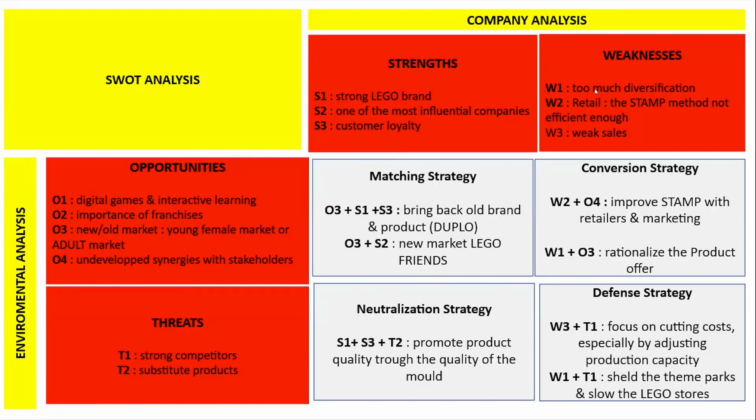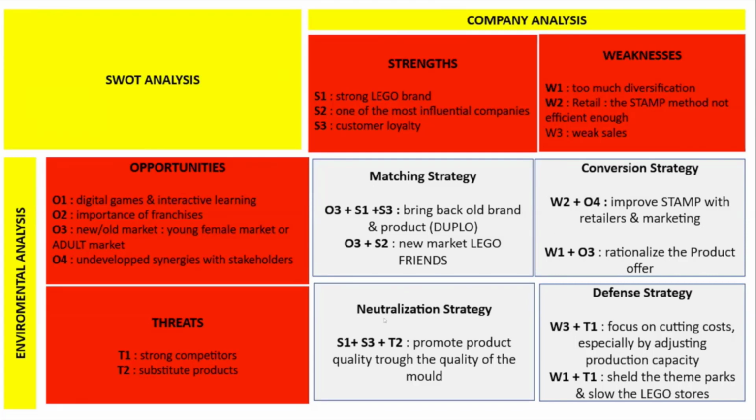If we cross this time weaknesses and opportunities, we could have a conversion strategy. For example, if we cross W2 and O4, they could improve the stamp method with retailers and marketing. If we cross this time W1 and O3, they could rationalize the product offer.